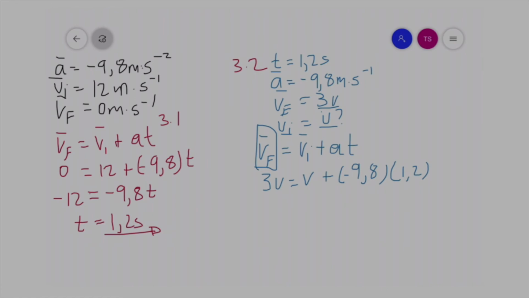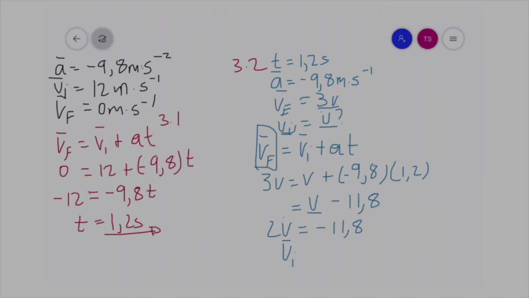So if you punch this in your calculator, you'll get v minus 11.8, and then we take this v to the other side, we will get 2v equals minus 11.8. You divide both sides by 2, you'll get your initial velocity.